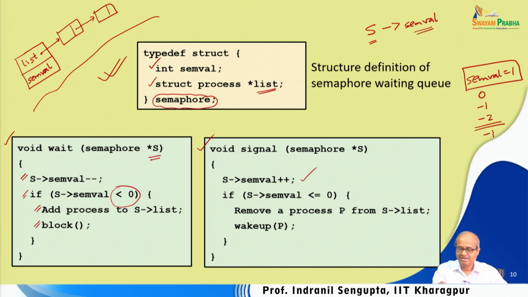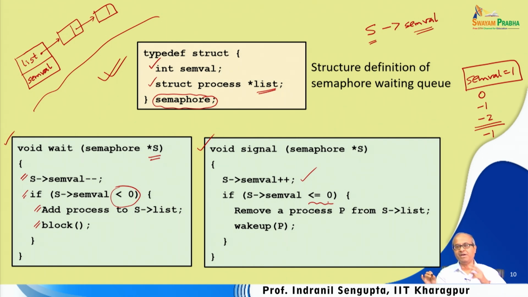Now you check if the value of semval is less than or equal to 0. Less than or equal to 0 means semval was negative, and after increasing it by 1 it is still less than or equal to 0. What does that mean? It means that some process was already waiting for the semaphore. So, there was a chain of waiting processes; you take one of them out and wake it up, because one of them can now come out of its wait and continue.